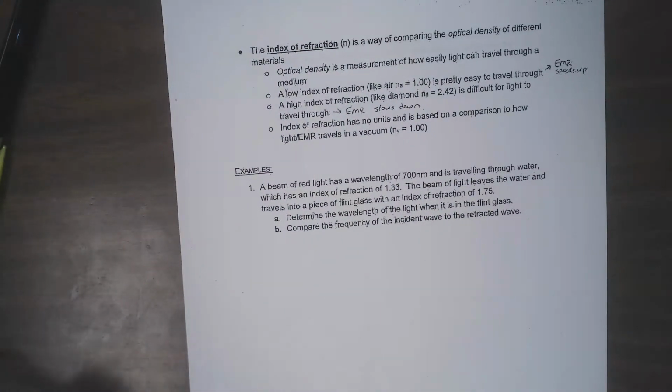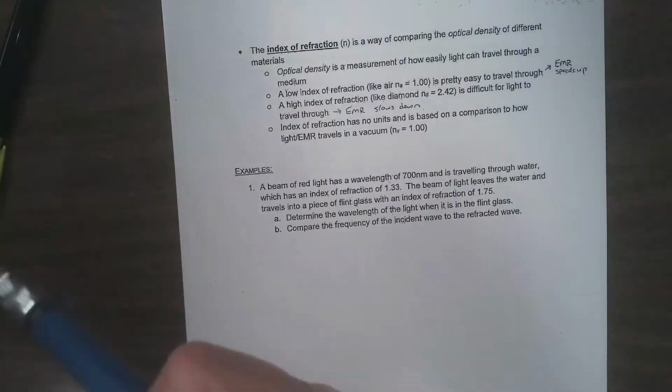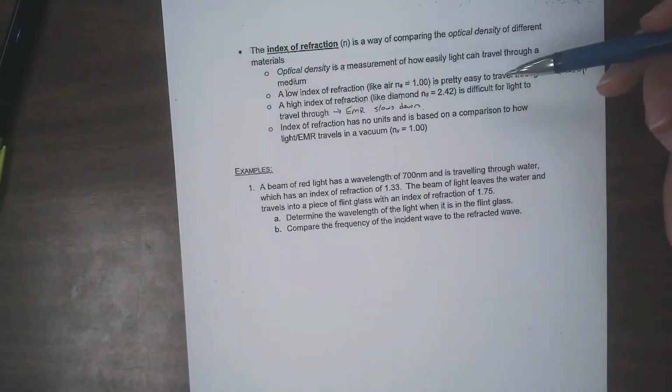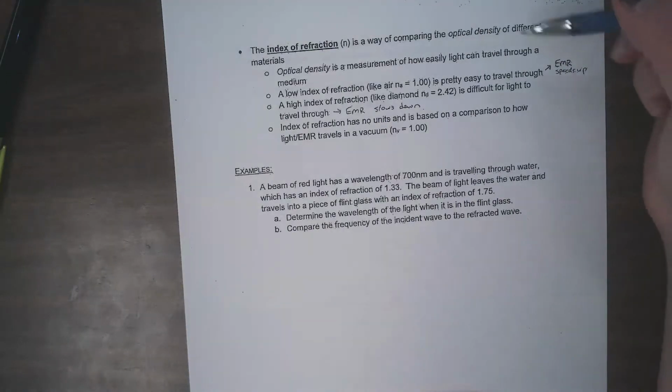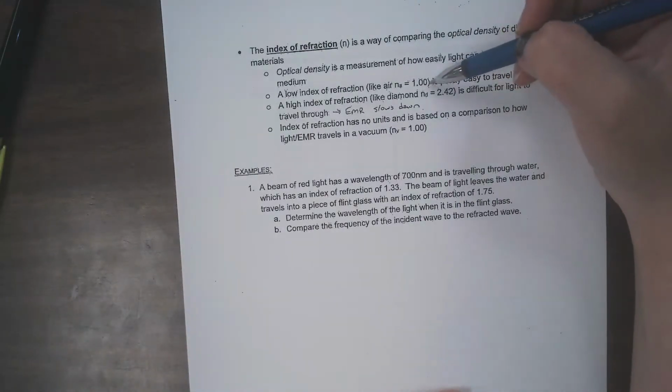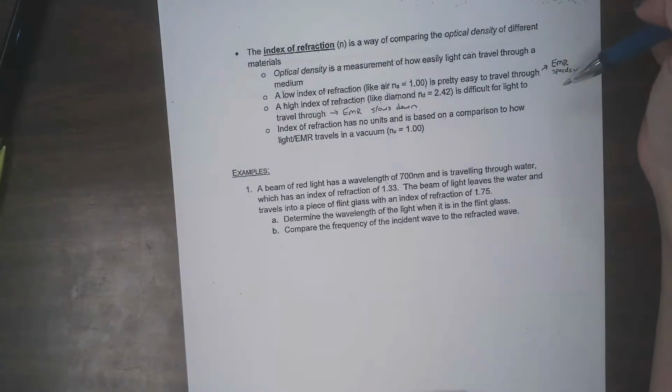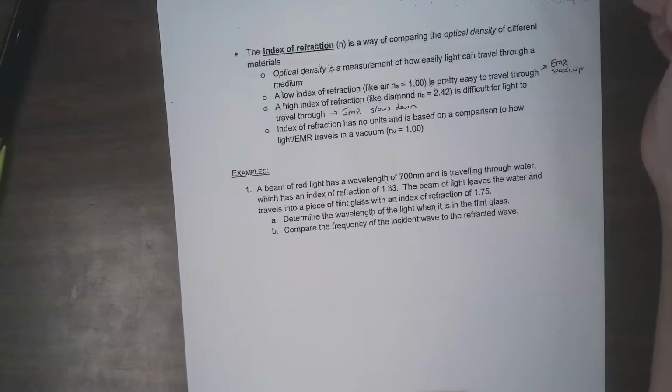Index of refraction is how we look at optical density. Optical density just being how we are perceiving what we're seeing. Okay, so it's a measurement of how easily light can travel through a medium. If you have a low index of refraction, so air is 1.00, it's pretty easy for the EMR to travel through it.